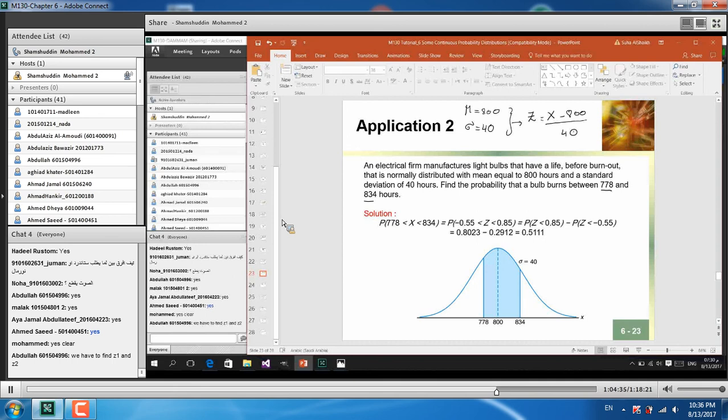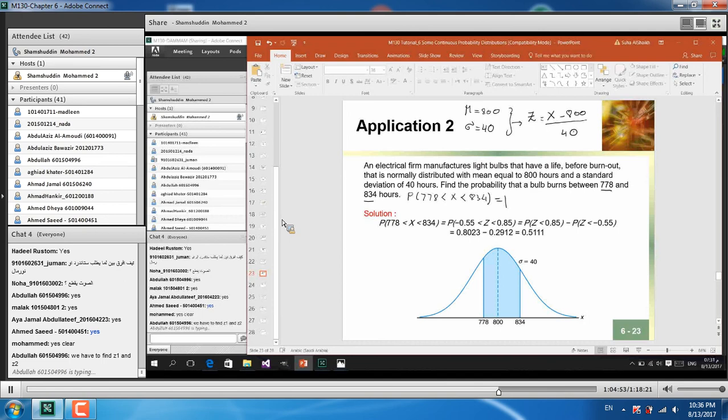بالضبط. So the probability X between 778 and 834.